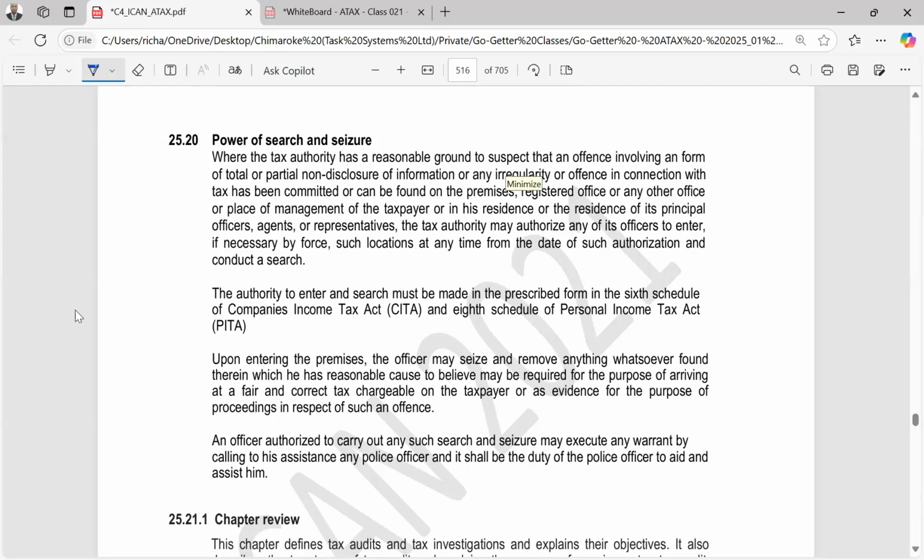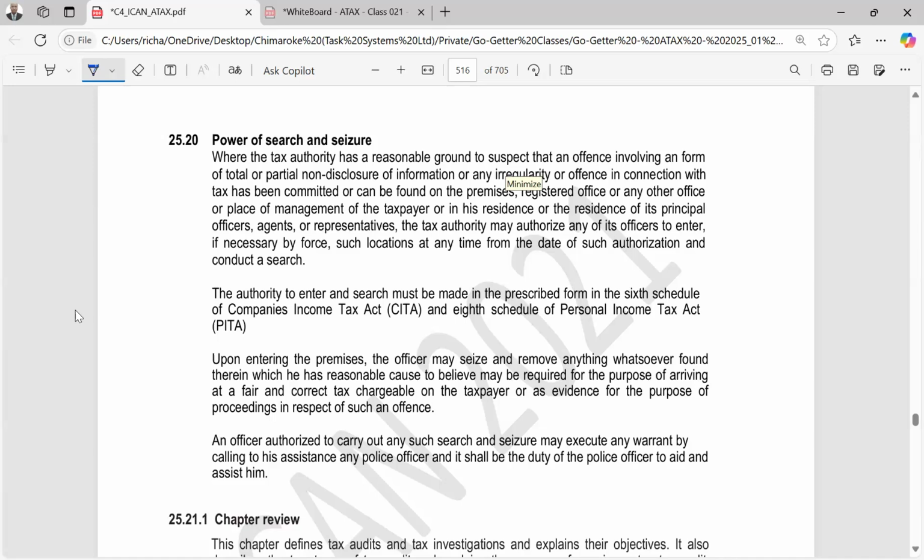They may come and remove anything that they find there and use it as evidence for the purpose of court proceedings or case proceedings, if they are arraigning the person, bringing him to book.